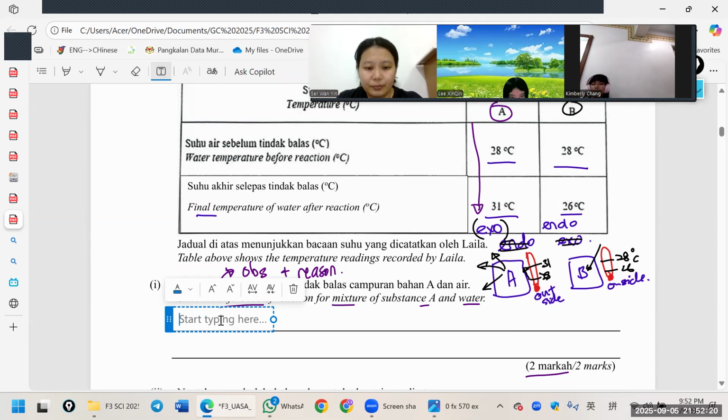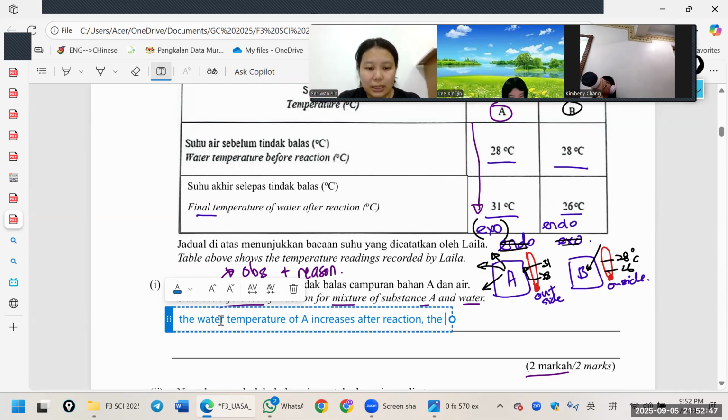The water temperature of A increases after reaction. Very good. This is your observation. What's the reason?